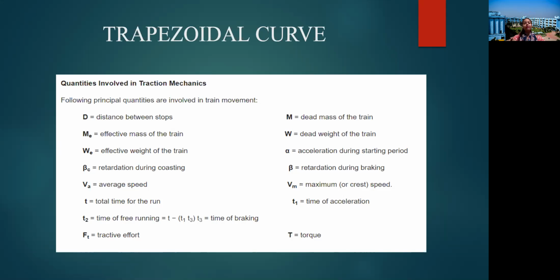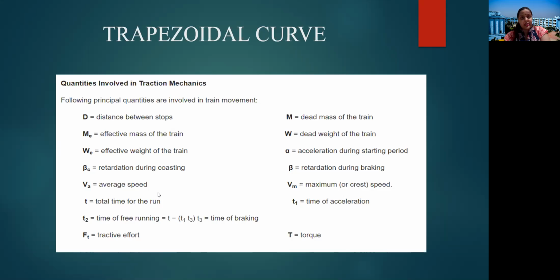So before we deduce the expression, let us have some variables. D will denote the distance between stops, M effective mass of the train, W effective weight, beta C retardation during coasting, but this will not be there in the trapezoidal curve.